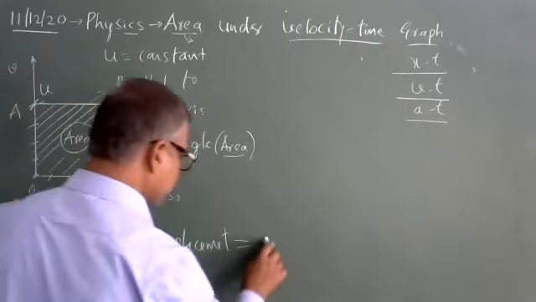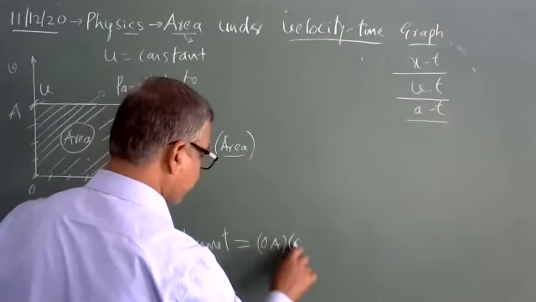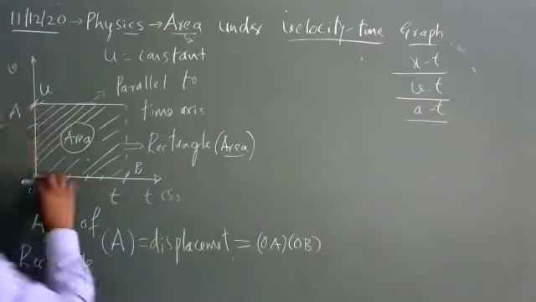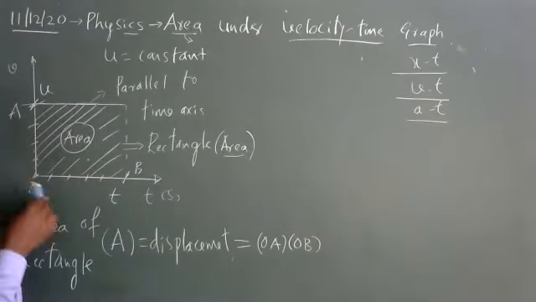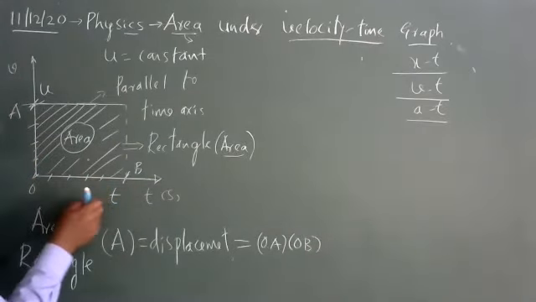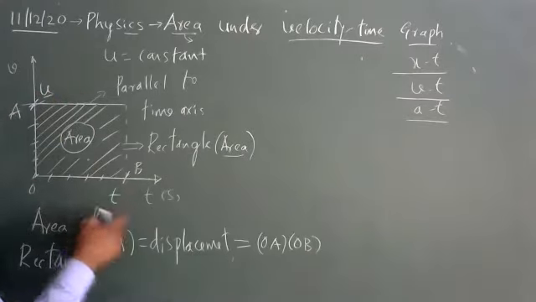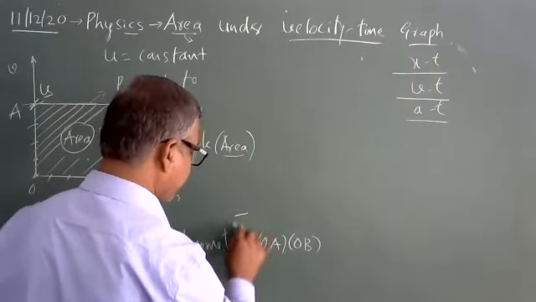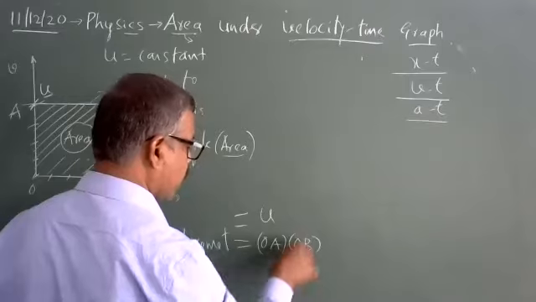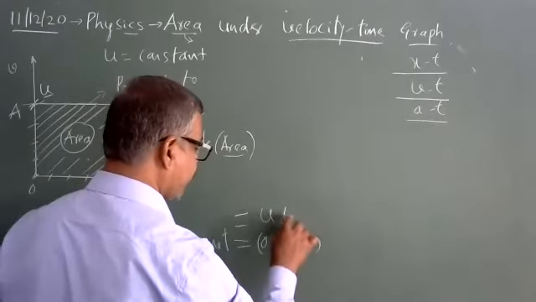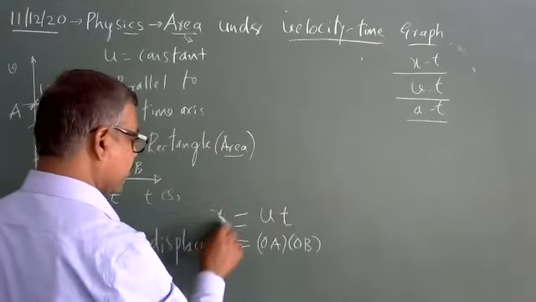You can say it is OA into OB. OA is the height up to here and OB is the width. This OA is nothing but the velocity, and this OB is nothing but the time. So I can write it as velocity into time. This is called X.